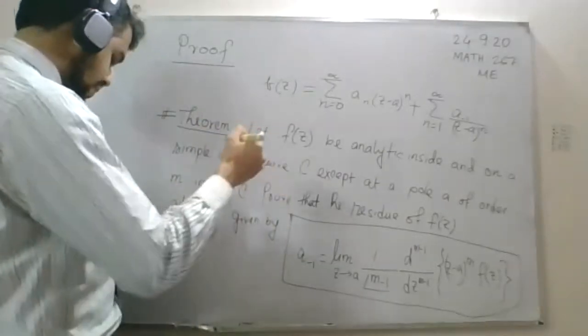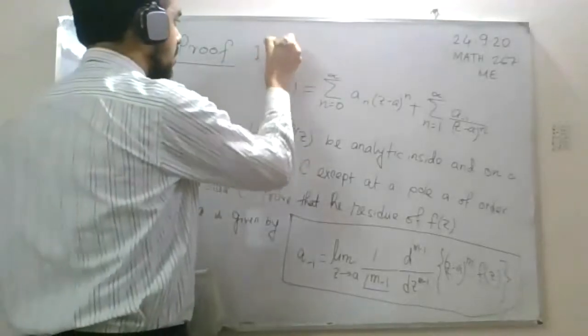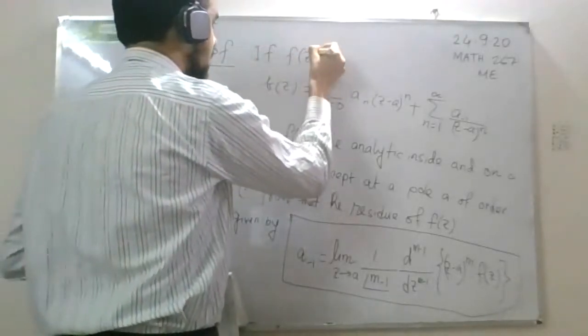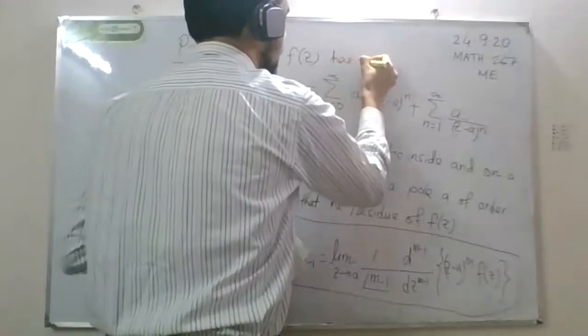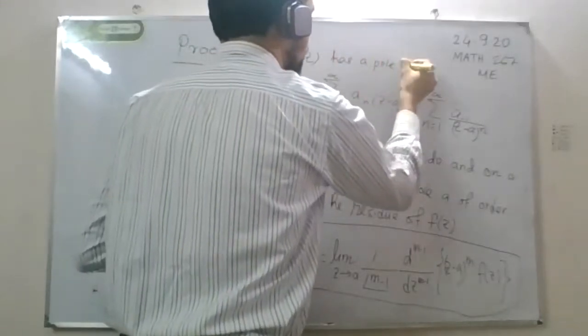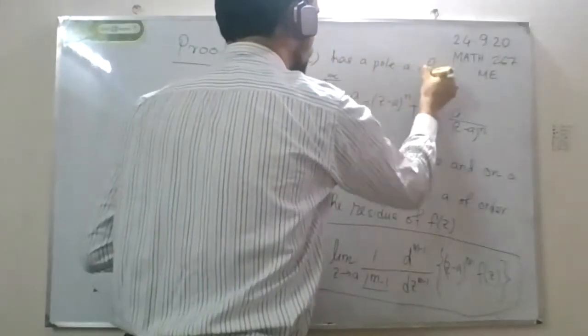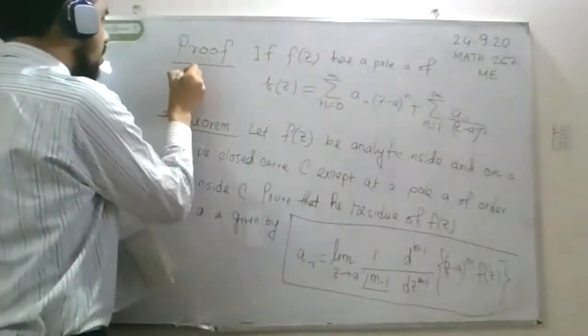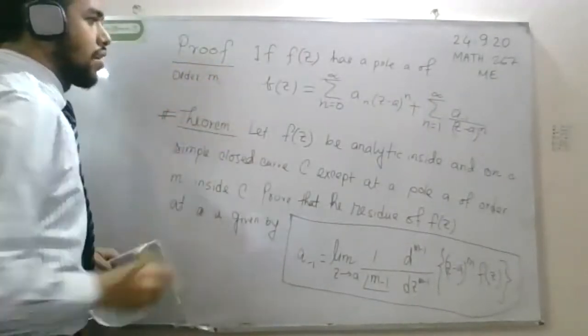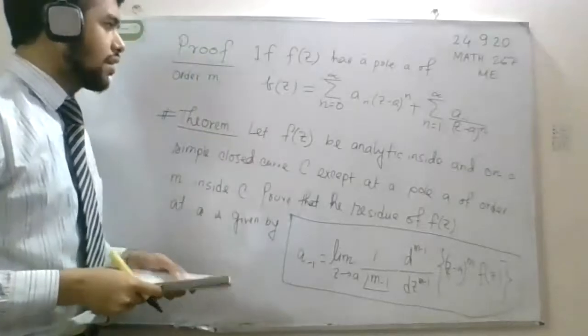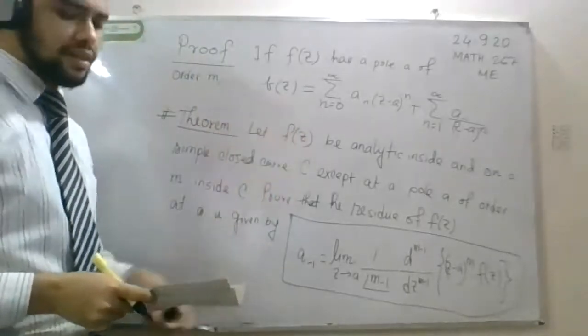Now, I just write it down. If f(z) has a pole at a of order n, then by the Laurent series, you can say this.